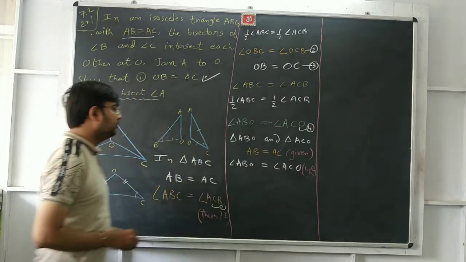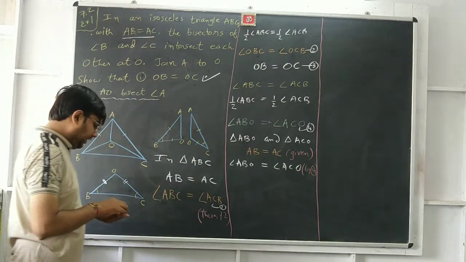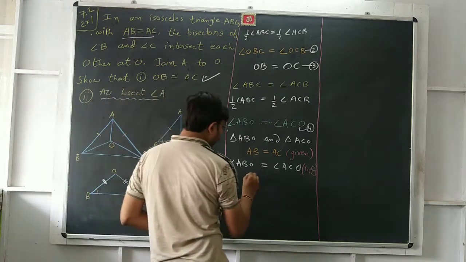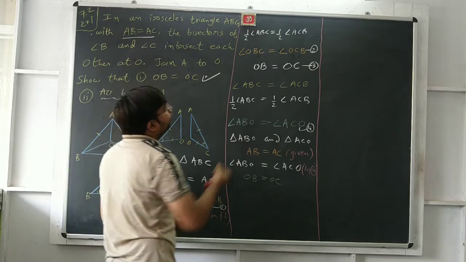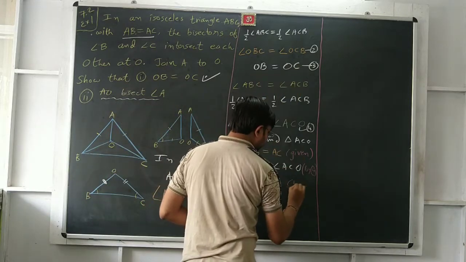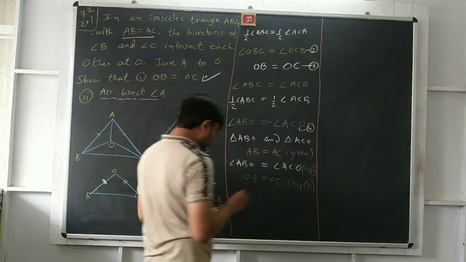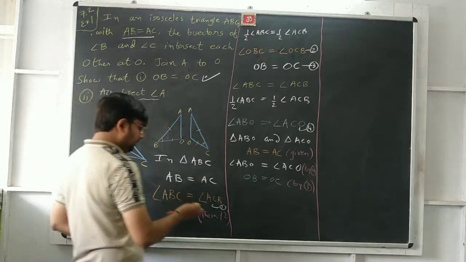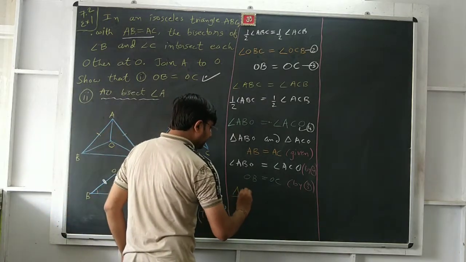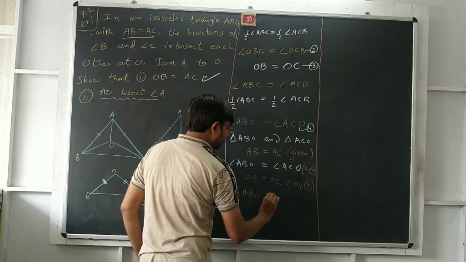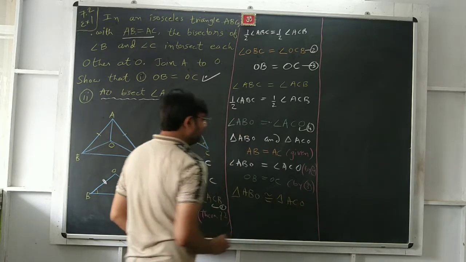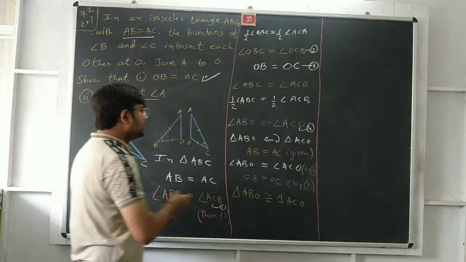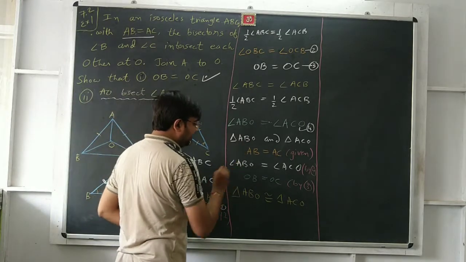By equation 4. And also we know that OB is equal to OC, by equation 3. So I can also write triangle ABO is congruent to triangle ACO. Why? By the SAS rule, side angle side.